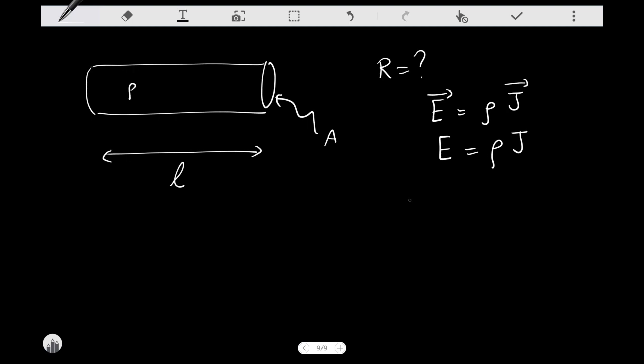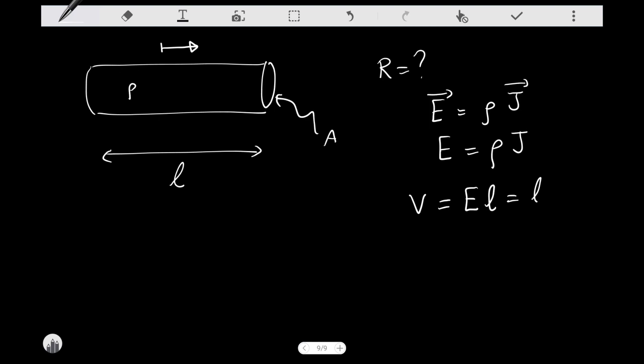So I know the potential drop between the ends, so let me choose a direction in here. The potential drop is the potential difference between the left end and the right end. Assuming that everything is uniform, this potential difference is equal to E times the length of the wire.